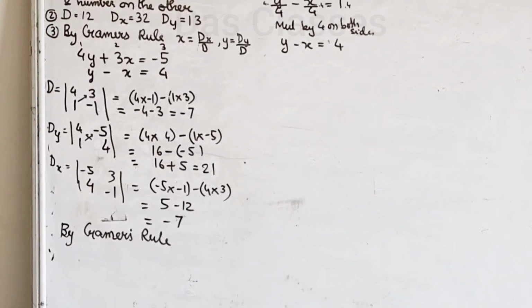So in this case, this is acting as the x, this is acting as the y. While solving also, this was our x and this was our y.